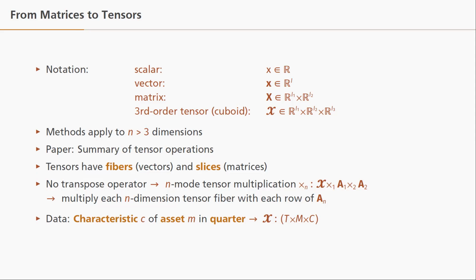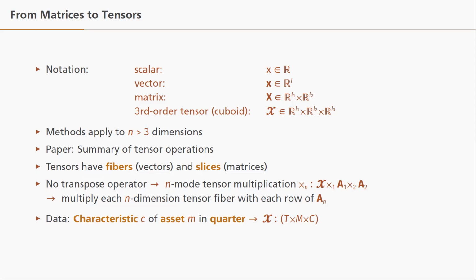The only notation that I will use is the tensor multiplication, when I multiply a tensor by a matrix. One thing you have to get used to is that for tensors, there's no transpose operator, because there's no unique way to rotate the tensor. So when you multiply a tensor by a matrix, you have to indicate which dimension you're multiplying by. For example, here, this is the tensor.